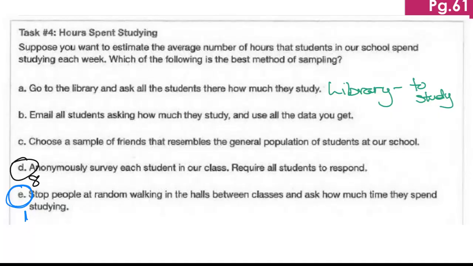People might not respond, or what can we say about the people that would respond? What kind of sampling might this be? You email all the students in the school asking how much they study, you use the data that you get back.